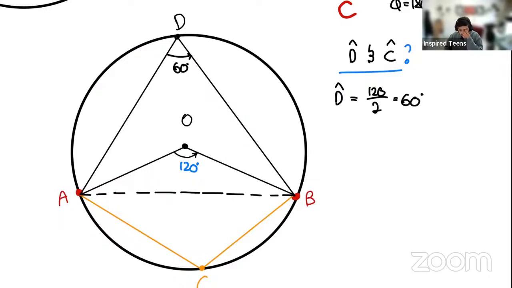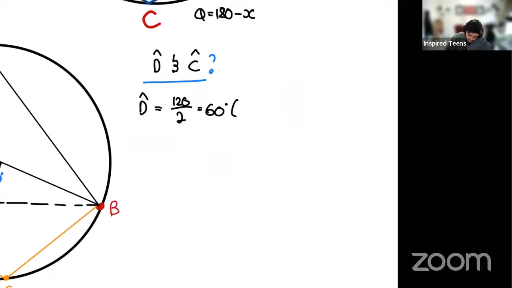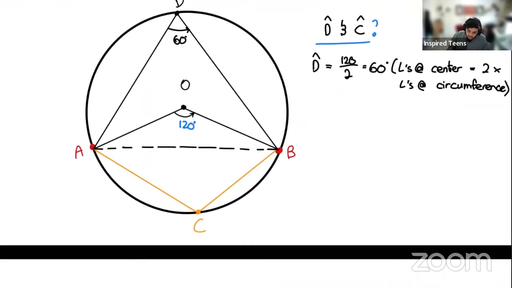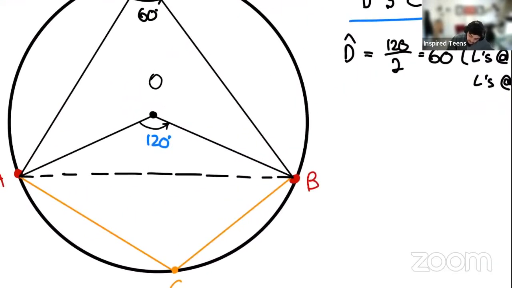Do I give you a reason? Yeah, sure. You can use the reason that they give: angles at center equals 2 times angles at circumference. And thereafter, what we can also do is get C. Remember, C is now the angle in the other segment.